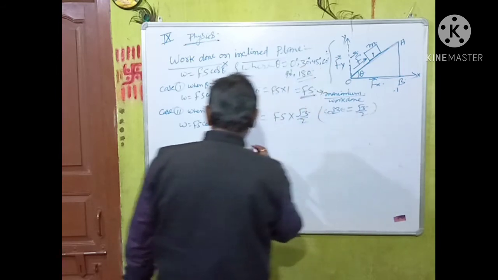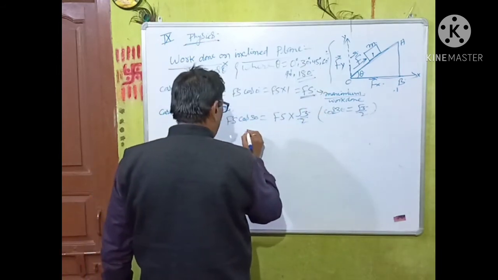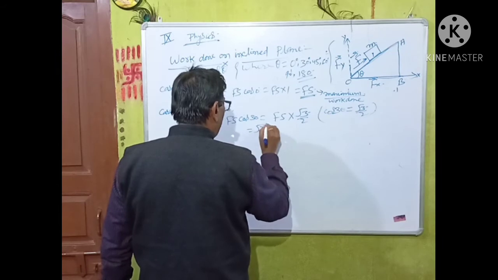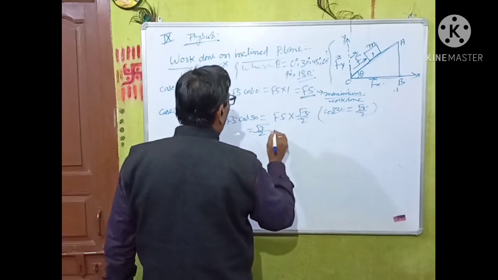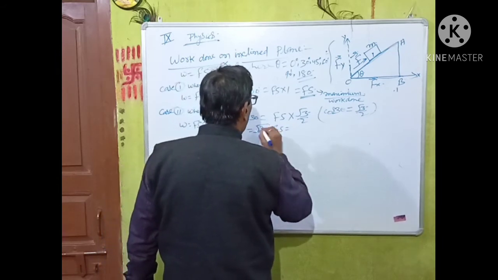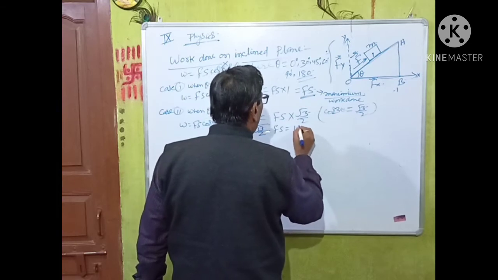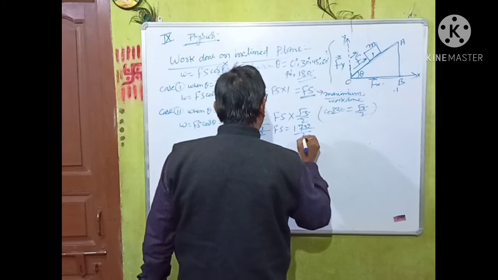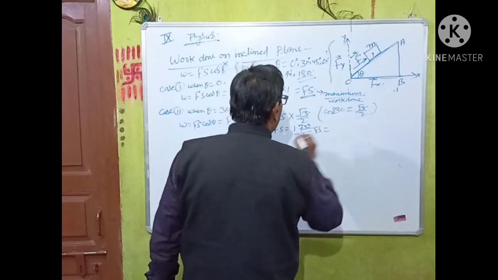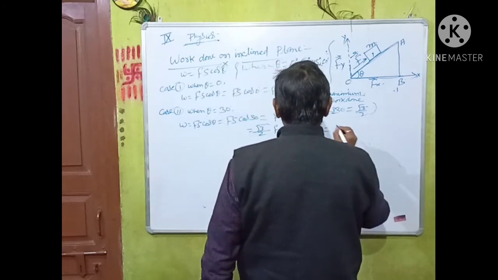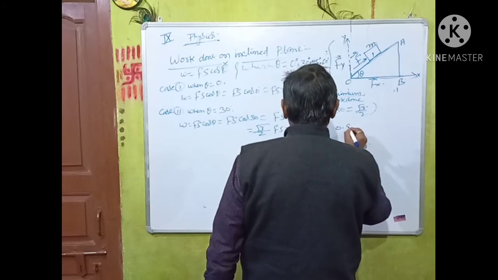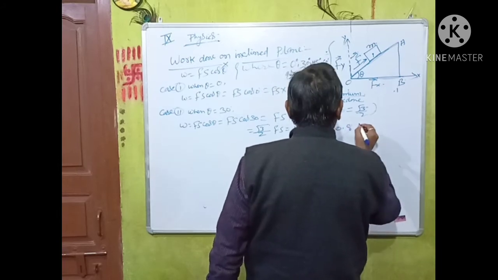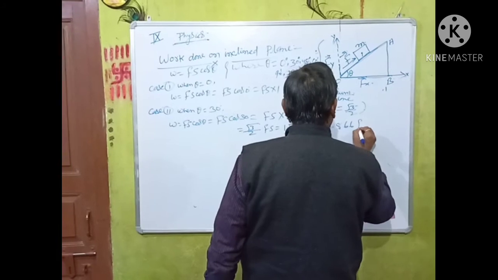Putting the value of root 3 as 1.732, we get 1.732 by 2 Fs, which is 0.866 Fs.